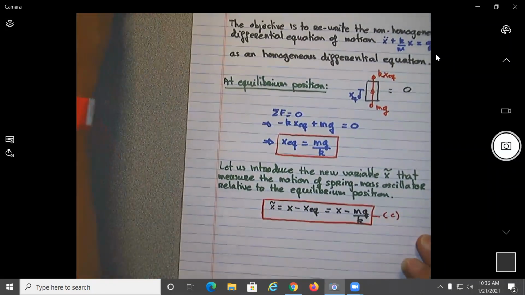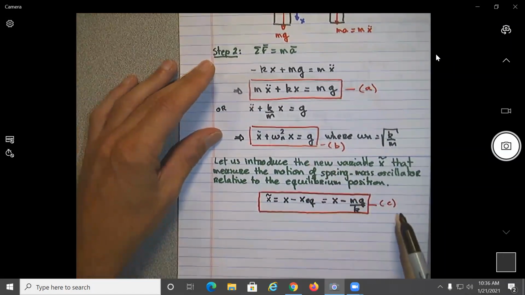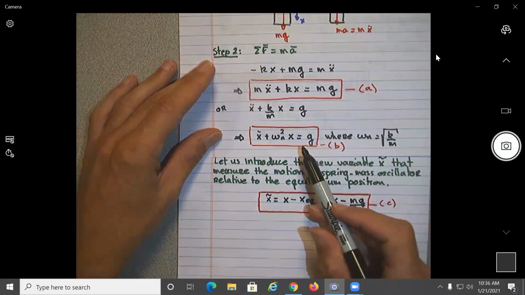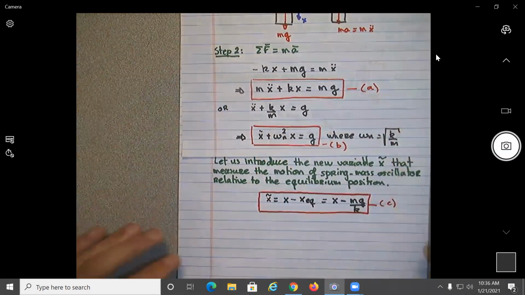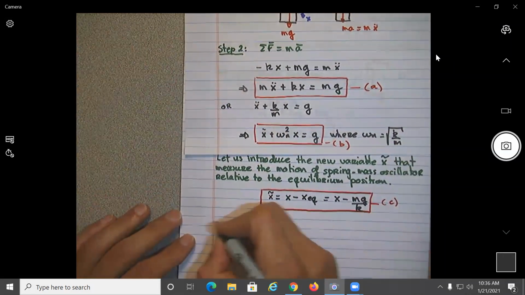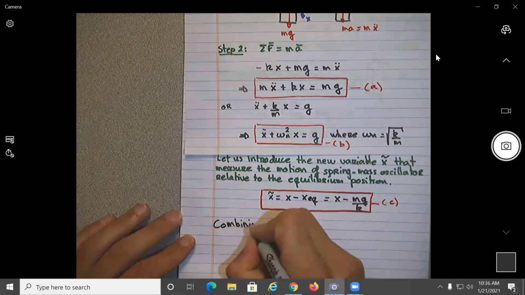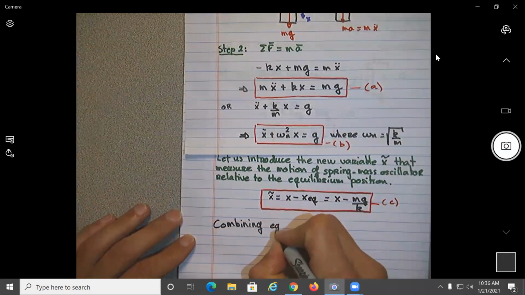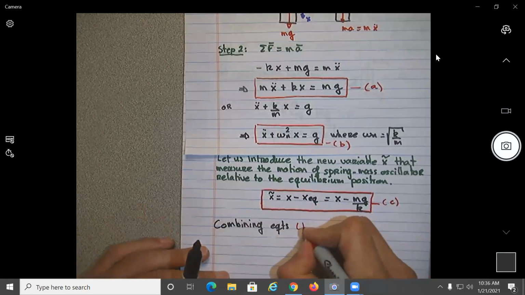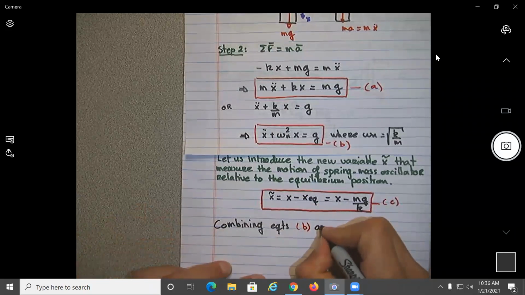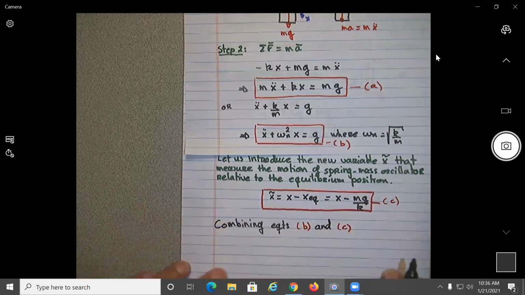Okay, so now what we're going to do, we can do either with A or C, but let's say we're going to use this one. So let us combine this equation with this equation here. So combining equations B and C, what do we have?